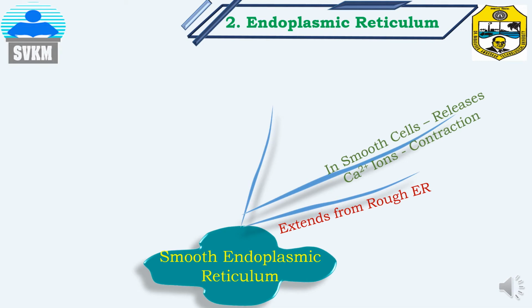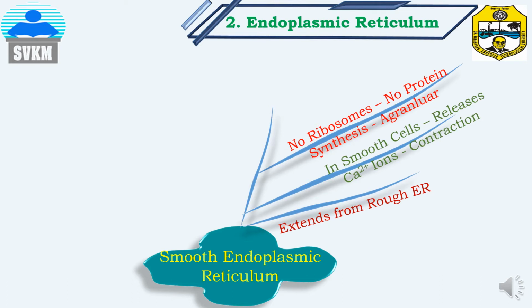The second important point is that the smooth endoplasmic reticulum plays an important role in smooth muscle contraction. When the contraction process is occurring, the sarcoplasmic reticulum, one of the important forms of the smooth endoplasmic reticulum, releases calcium ions, which play an important role in contraction, whereas the rough endoplasmic reticulum fails to play an important role in contraction.